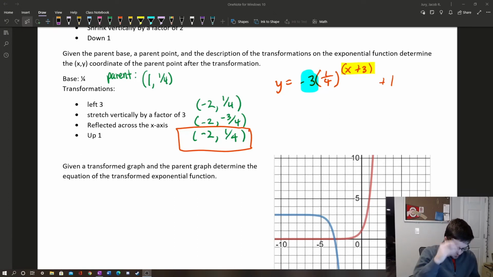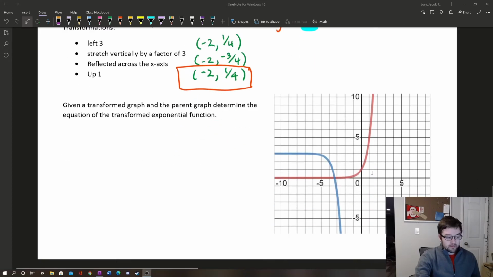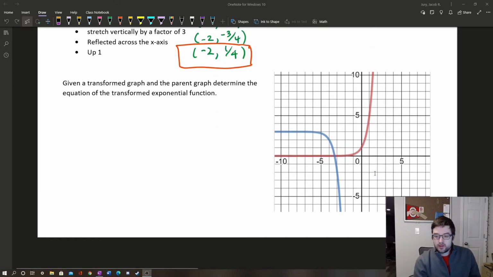And then, given a transformed graph and parent graph, determine the equation of the transformed exponential function. So here we've got a graph, the red one is the parent function, and you can see a feature that we haven't talked a lot about on these parent functions is that when x equals 0, they always go through 1.